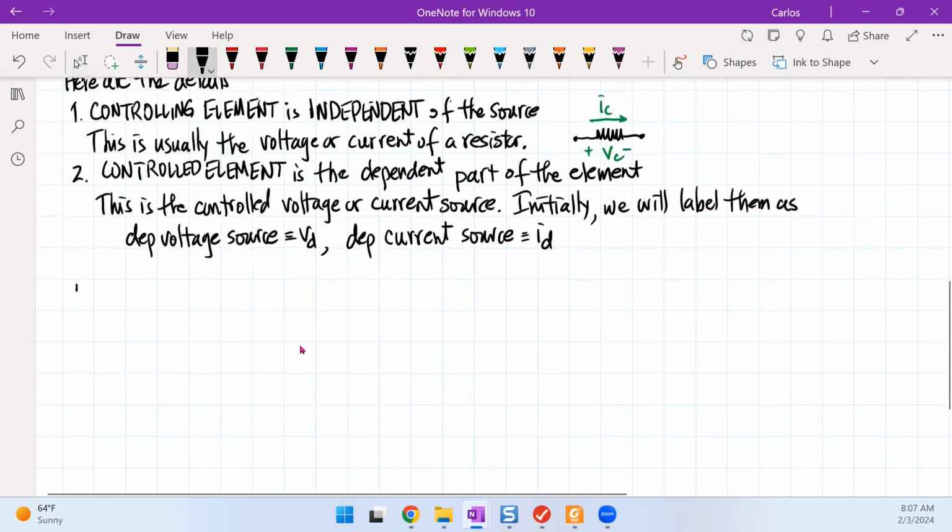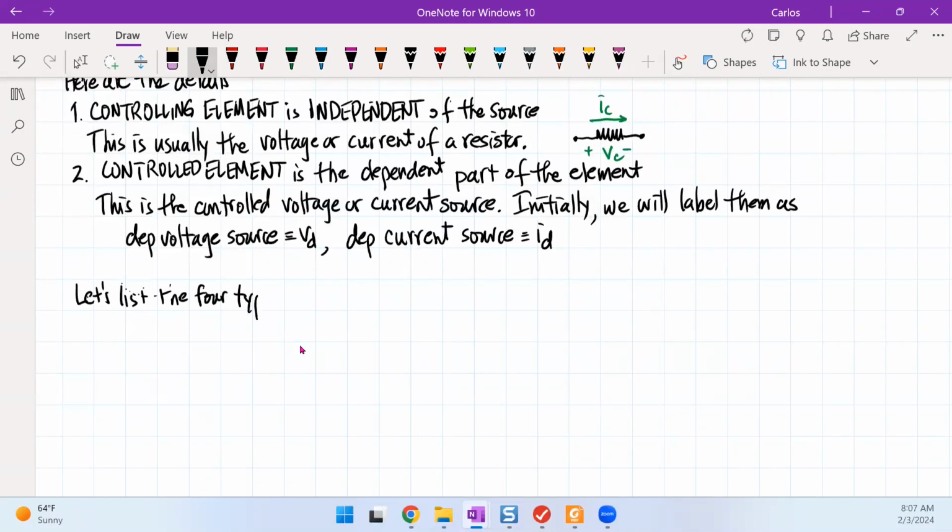So let's list the 4 types of dependent sources.